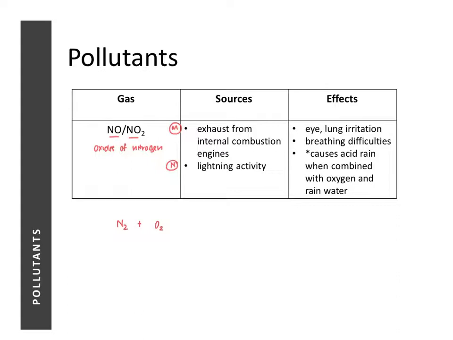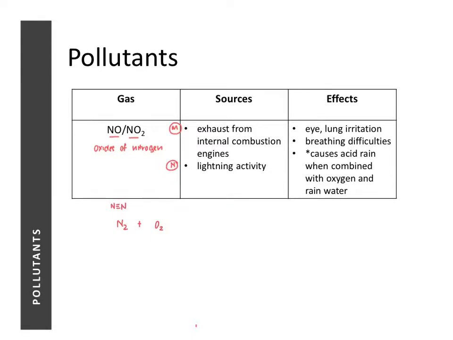So the question now is this: why would it require a lot of energy for nitrogen to react with oxygen? For that, we need to go back to the topic on chemical bonding. If you were to draw a dot and cross diagram to represent the bonding in nitrogen, I hope you can try it before looking at what I'm going to write. If you were to draw the dot and cross diagram for nitrogen, you will find that it looks like this.